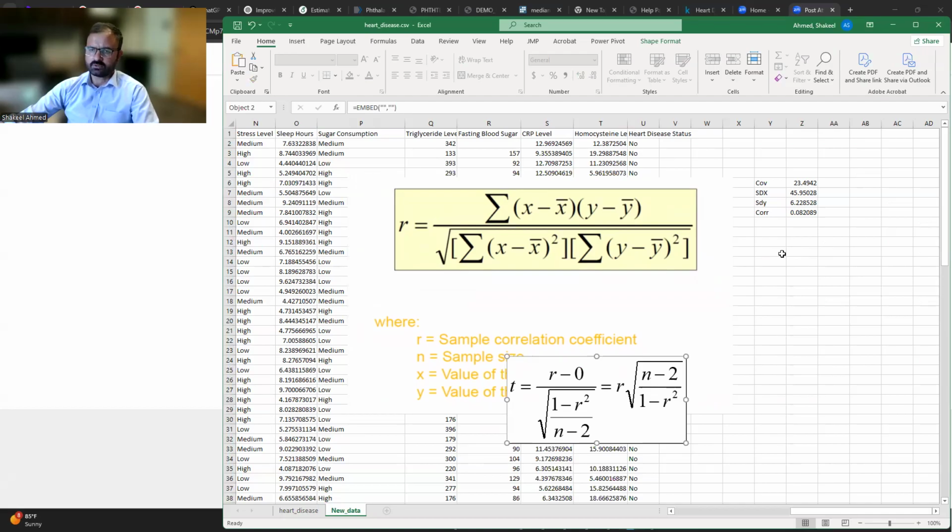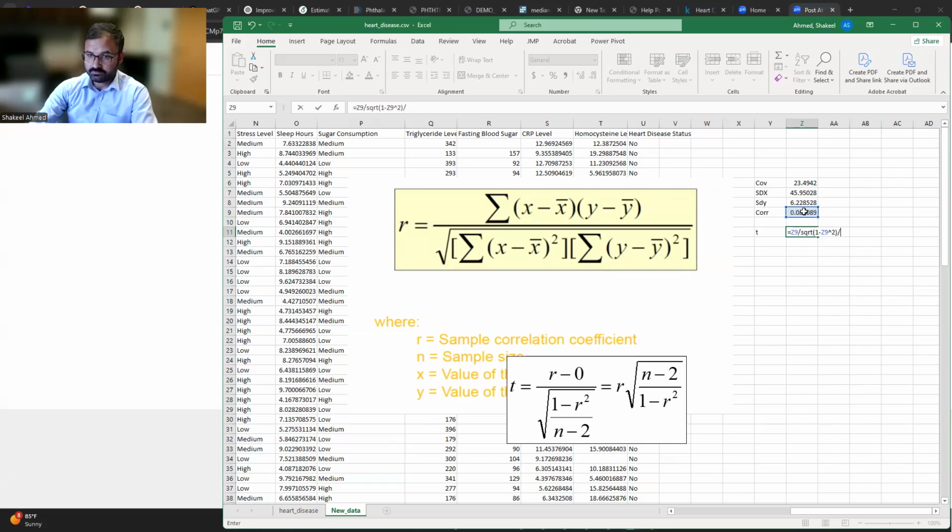The null hypothesis is that the correlation is zero, and we are using the t statistic. This is equal to R, that is the correlation, minus 0, divided by the square root of (1 minus R squared) divided by (n minus 2).